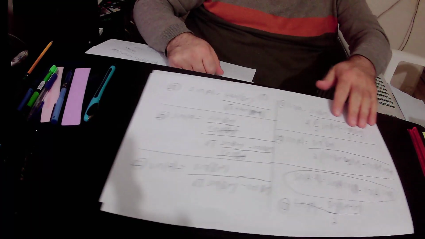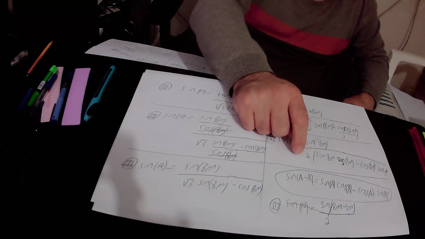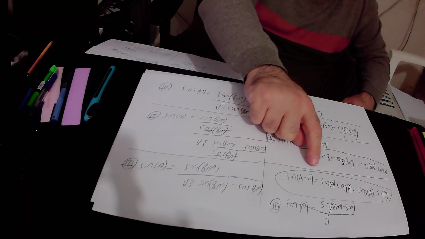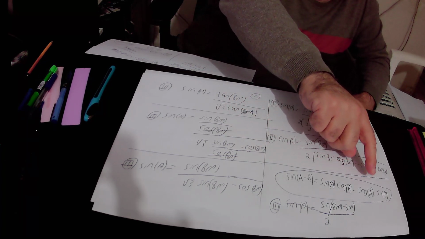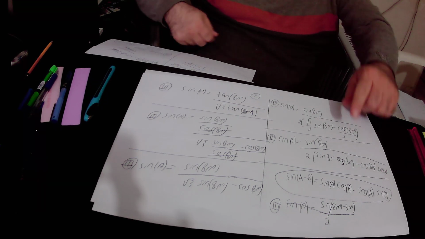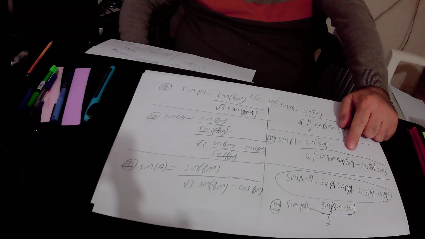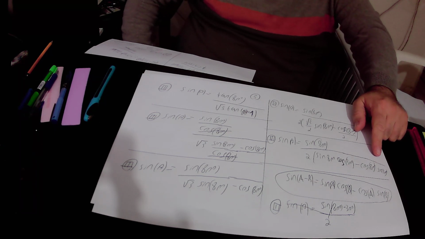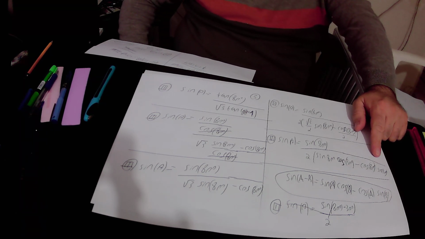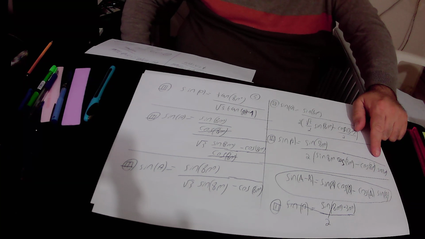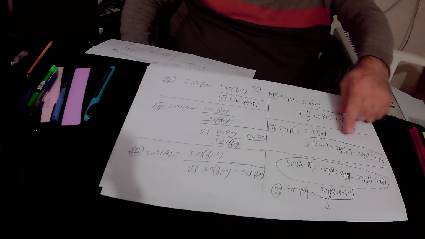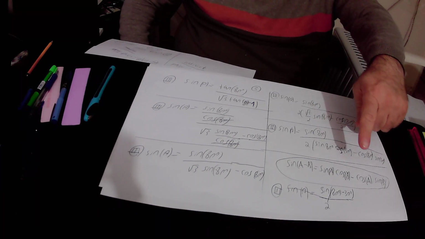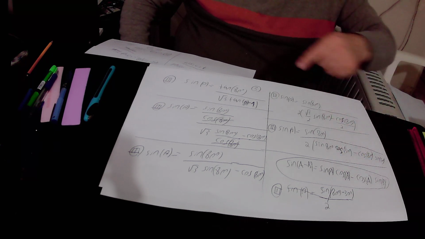And actually, according to the trigonometric identity that sine A minus B equals sine A times cosine B minus cosine A times sine B, we will get that this expression, sine 30 degrees times cosine 30 degrees minus cosine 30 degrees times sine 30 degrees equals sine A minus B, when A is 80 degrees and B is 30 degrees. So we get from this expression sine 80 degrees minus 30 degrees.